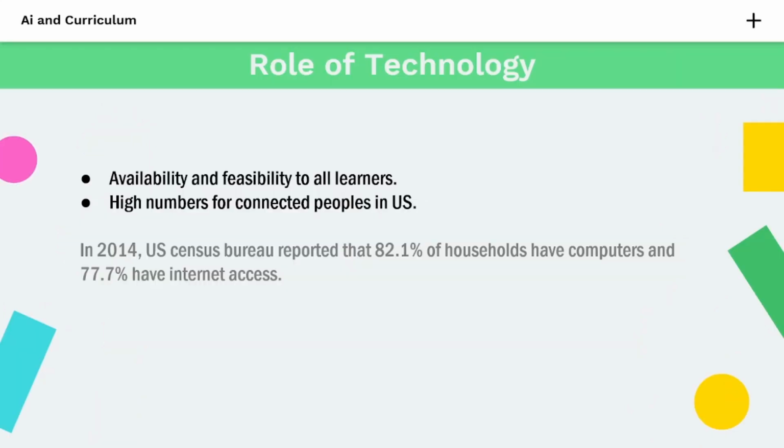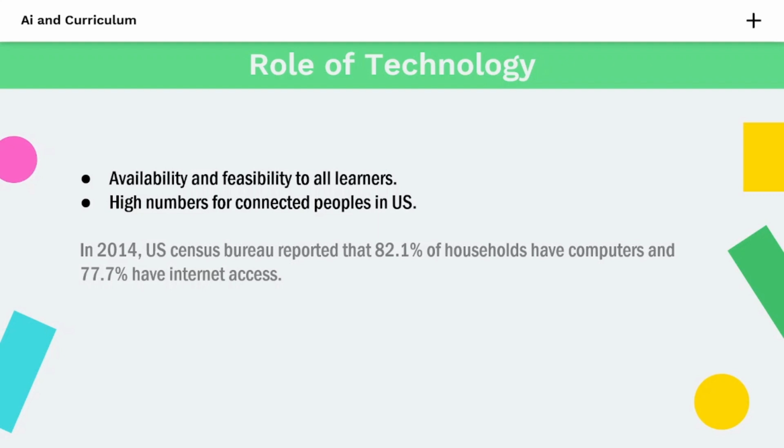So technology is available everywhere. The 2014 US Census Bureau reported that 82% of households have computers and 77.7% have internet access. What is great about technology is that sometimes you do not have to buy new devices in order to get access to the latest type of technology.